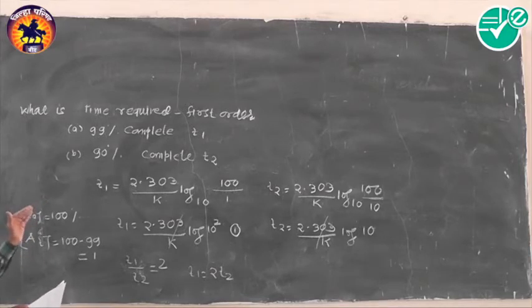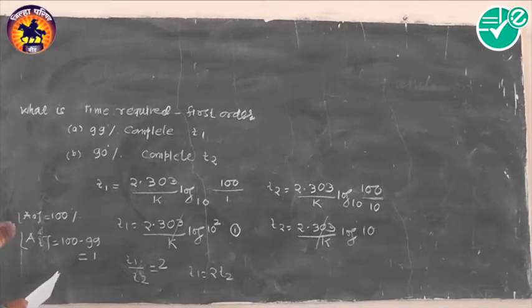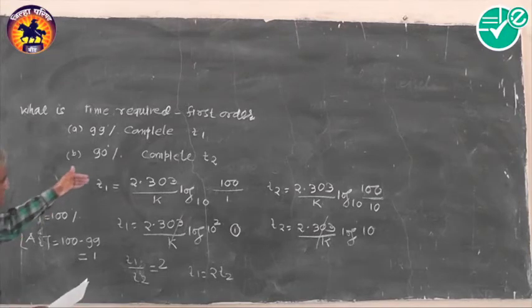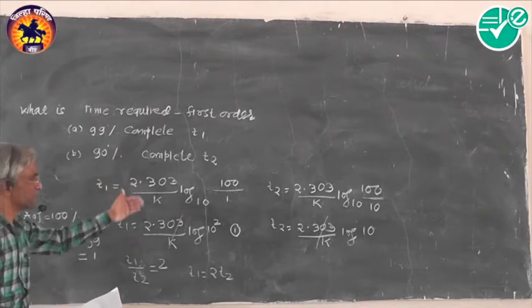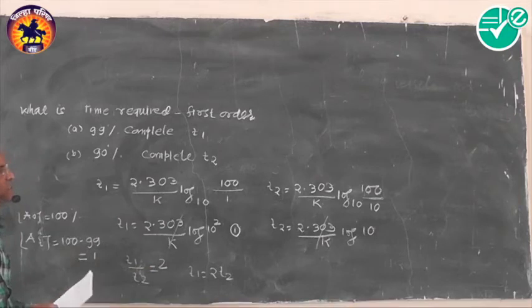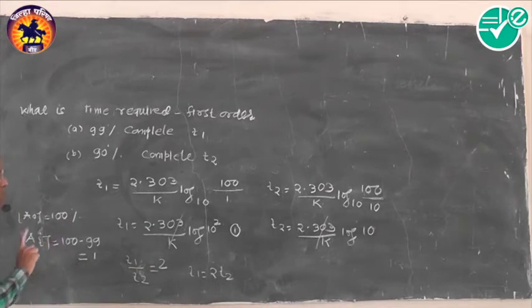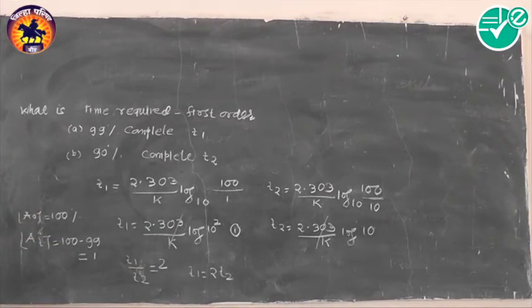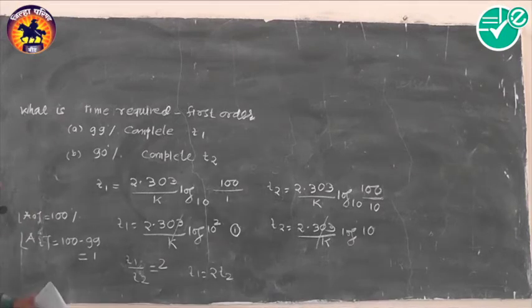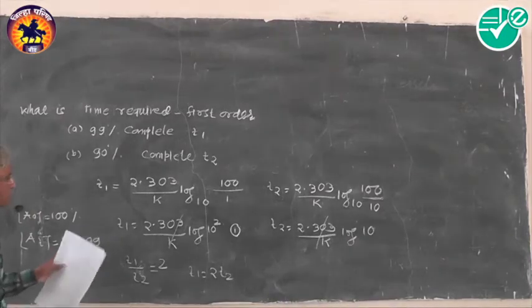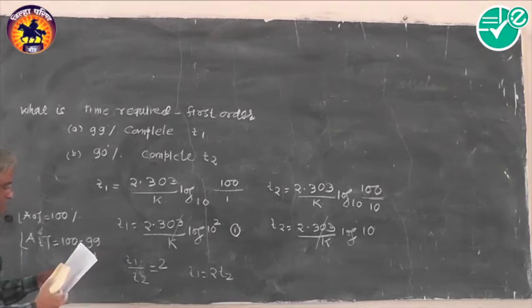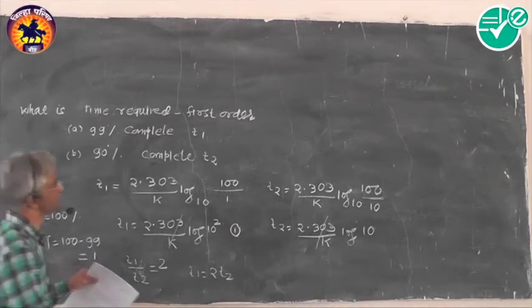I have explained it as if it is to be solved for board, but even for the objective purpose we can solve it. By practice we should know that when there is a comparison of such type, these two will automatically cancel, and just by putting the values of the logs and comparing the log values we can solve such numericals. So it needs a bit of practice for that purpose.